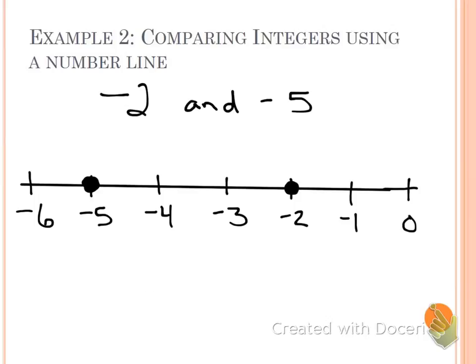Okay, so I'm comparing, for a minute, negative 2 and negative 5. Here's what I want you to see on this number line. All right, and I do want you to write this one down. I want you to see that the farther left you go, the larger the negative, the smaller the value is going to be. Do you see that? The larger the negative, the farther it goes, it gets away from 0, the smaller the value.